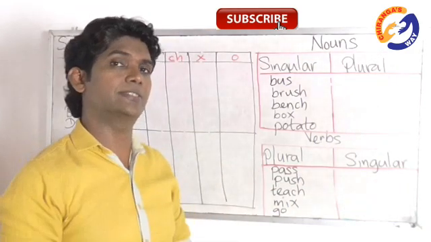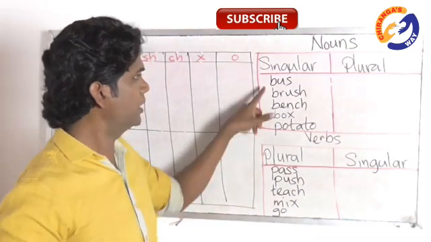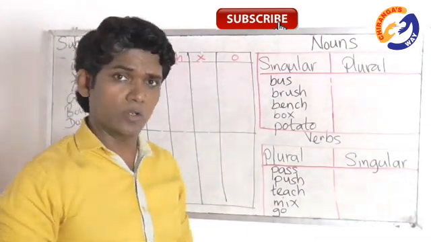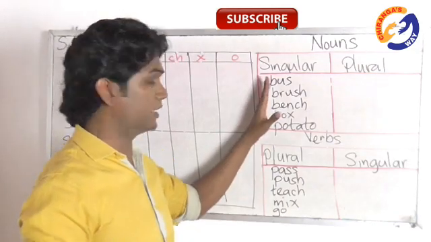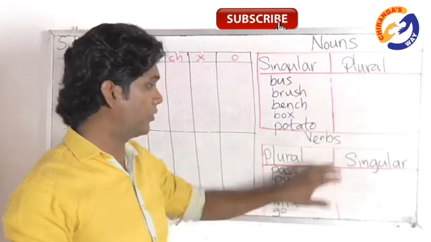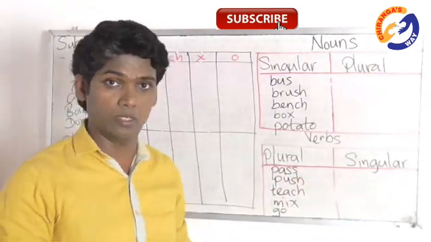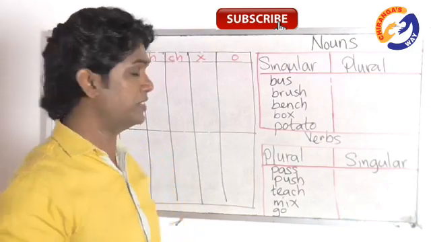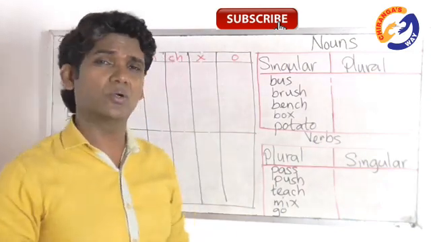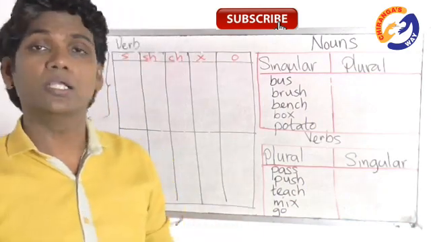We discussed this in our second lesson, that means the last video. Nouns are in the singular form, and normally we add an s to make them plural. Verbs are in the plural form, and we add an s to make them singular. We have already discussed it. Now we are going to discuss where to add es and why to add es.